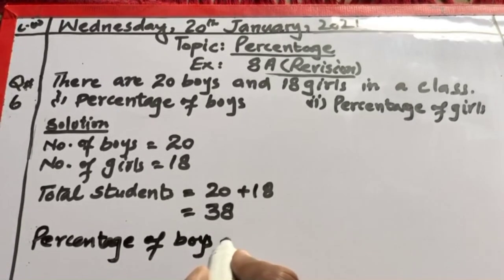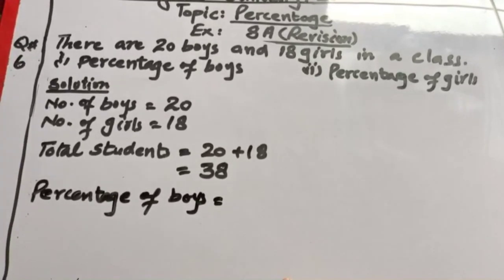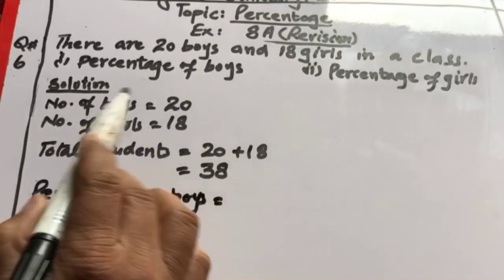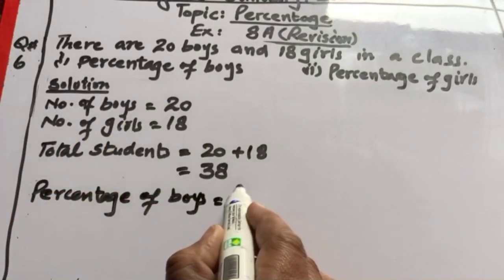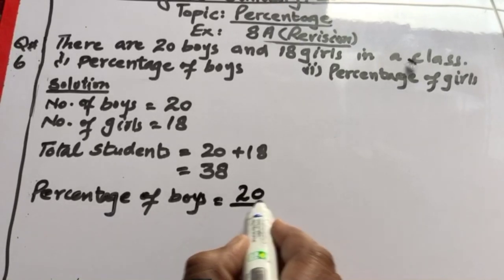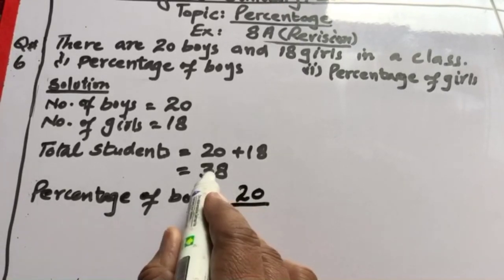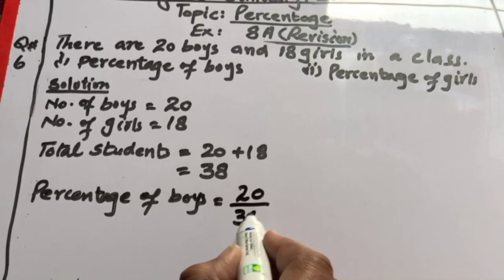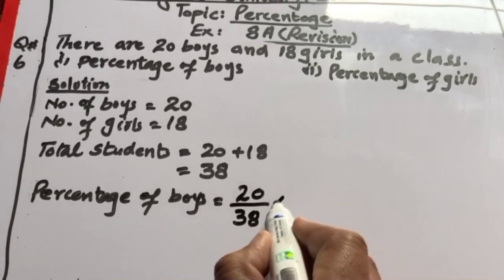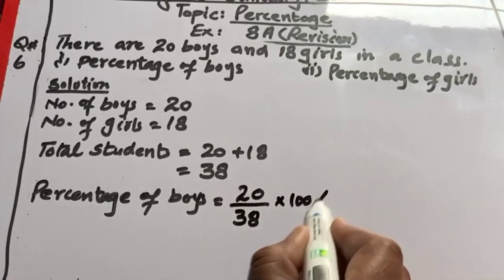So the percentage of boys is equal to the number of boys, which is 20, divided by the total students, which is 38, multiplied by 100%.